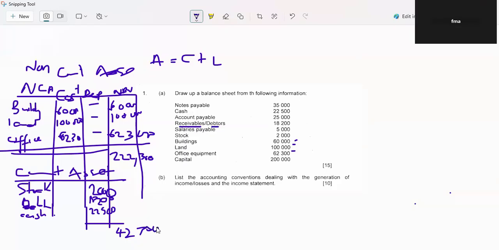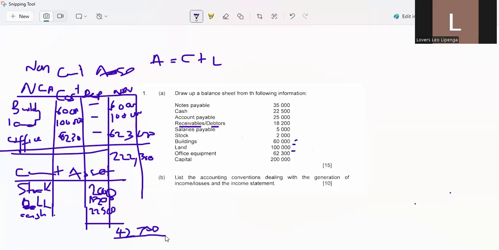So we add them now to get our total assets. What's the figure there on top? 222,300. Am I right, sir? What is the total?